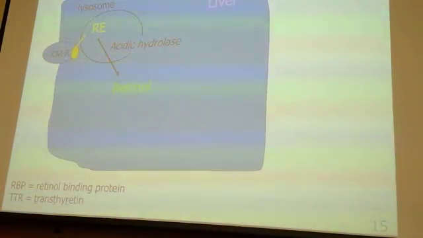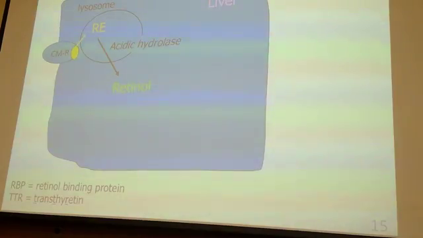Just to summarize the metabolism in the liver, we have the retinyl esters, which were present in our chylomicrons and our chylomicron remnants. The chylomicron remnants are taken up by our liver. They're hydrolyzed in the lysosome, and retinyl esters are released. The retinyl ester is broken down by the hydrolases in the lysosome.